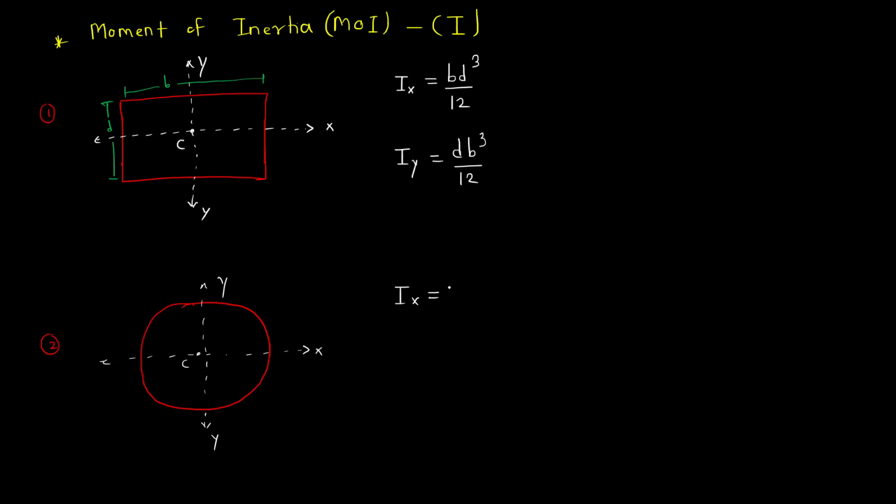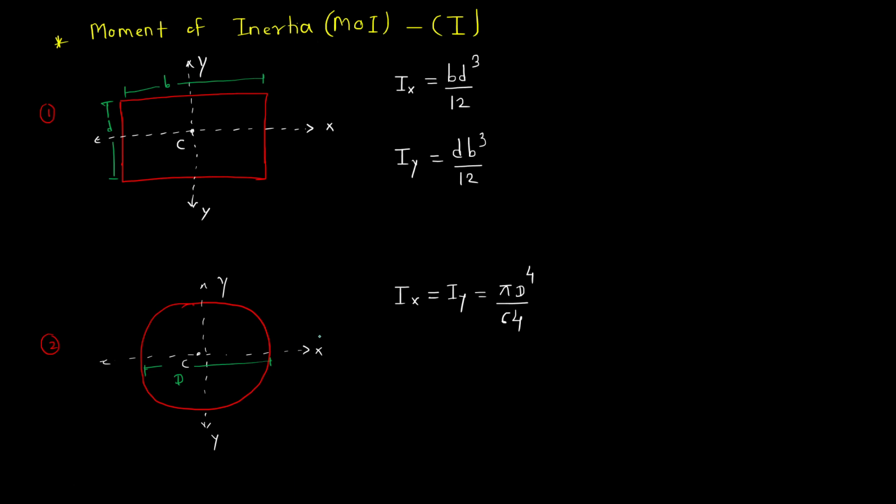Here Ix and Iy both are the same, and the value of moment of inertia for circle is pi d power 4 by 64, where d is the diameter of the circle.